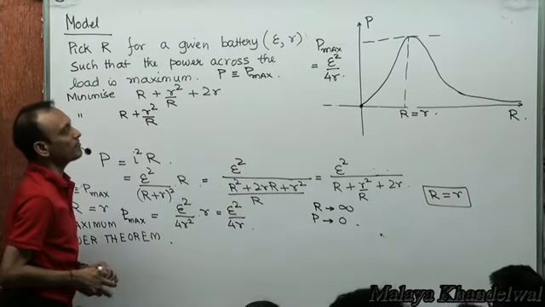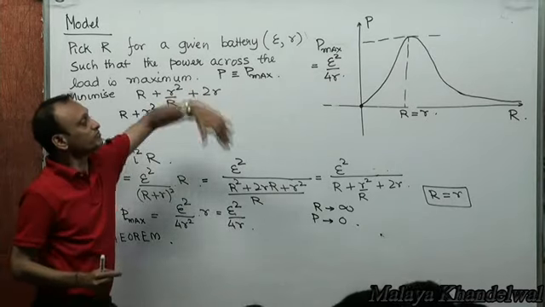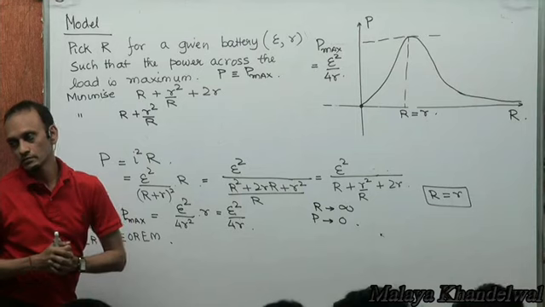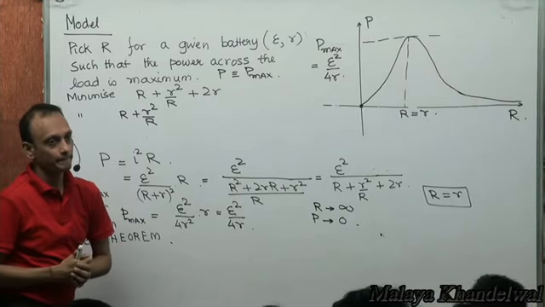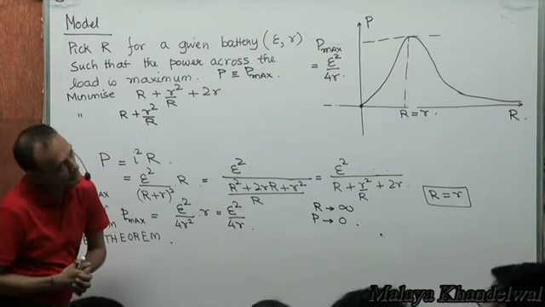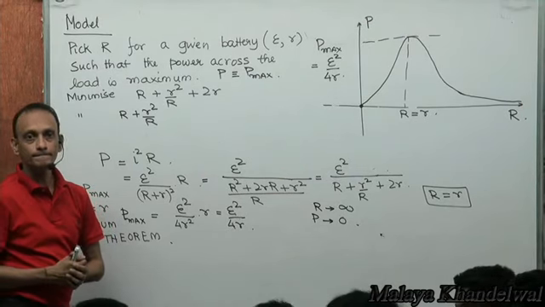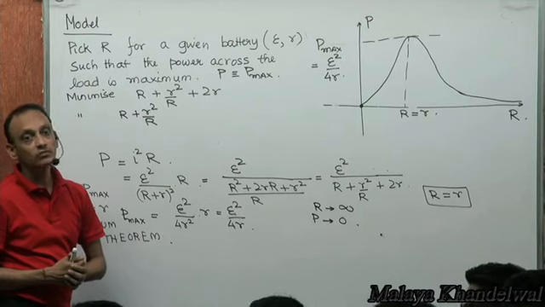That's the maximum power theorem. That's the variation of power with resistance capital R. Clear? Is that okay?